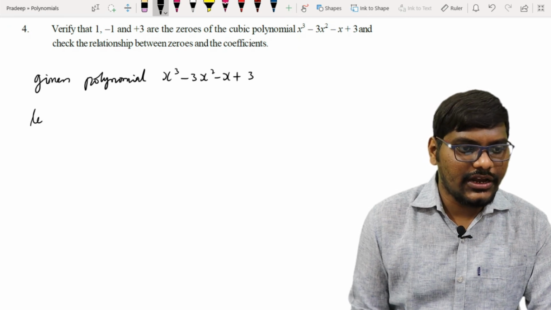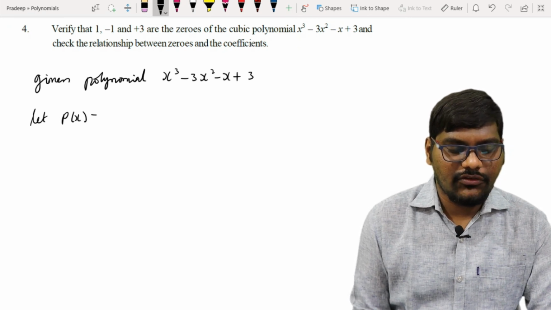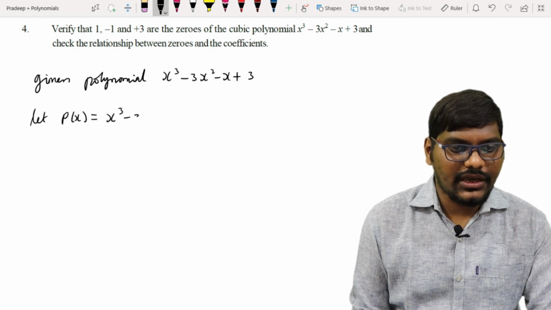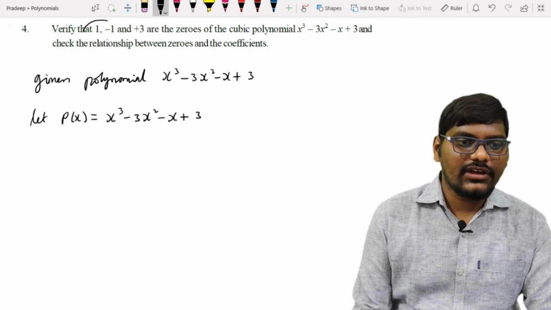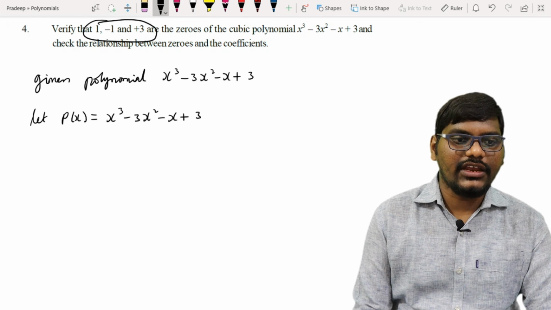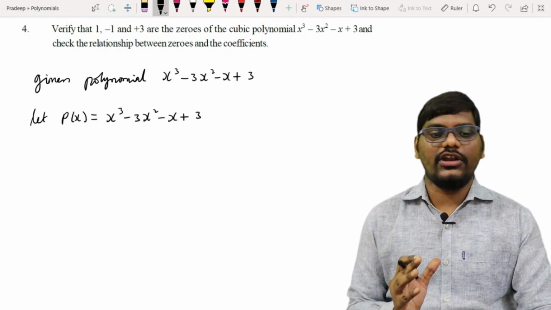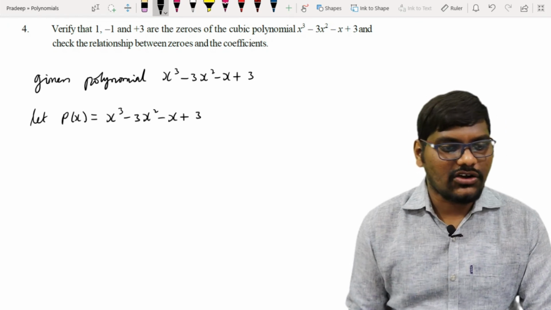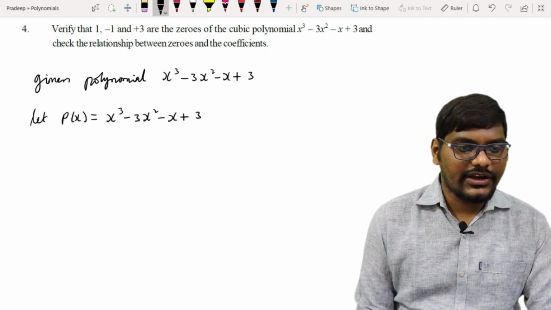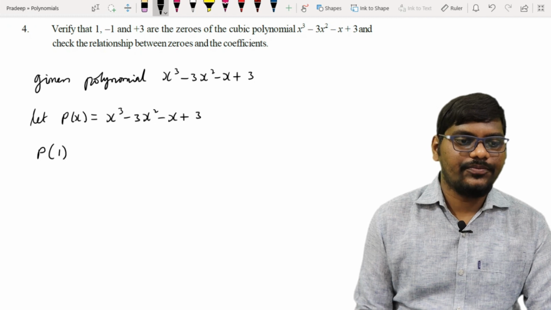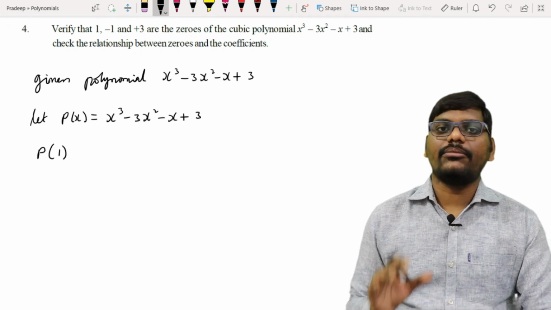So we can write let p of x equal to x power 3 minus 3x square minus x plus 3. This is the given polynomial. So these are the given values, that is 1, minus 1 and 3. They said they are the zeros of the polynomial itself. So we will write accordingly. First zero, we are just taking 1 as a value. So I can write p of 1. So in the place of x I'm just substituting 1.